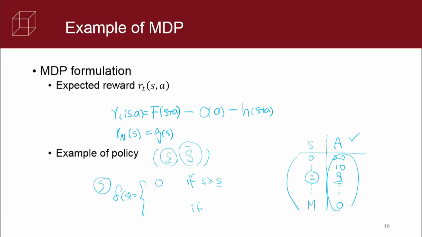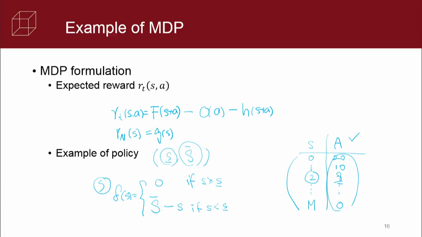And if S is strictly less than S under bar, you should order S over bar minus S, or you order up to S over bar.